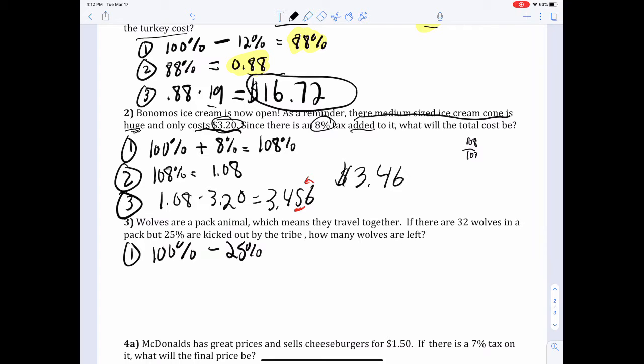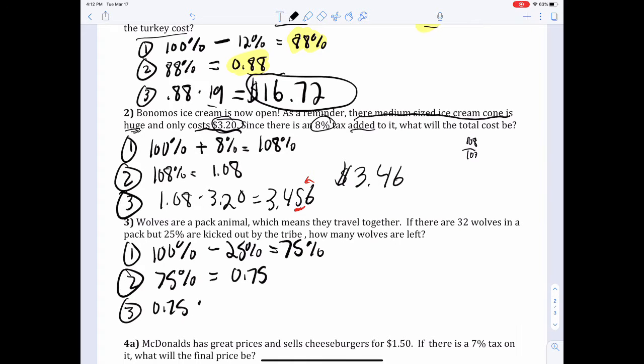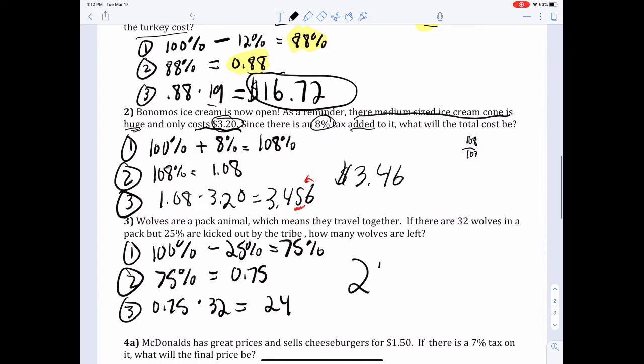Minus 25%, that'll give us 75%. Then you're going to change that 75% into a decimal, which is 0.75. Then you're going to multiply 0.75 times 32, and that will be 24. So you should get 24 wolves are left.